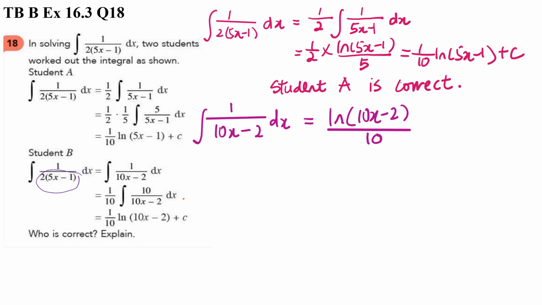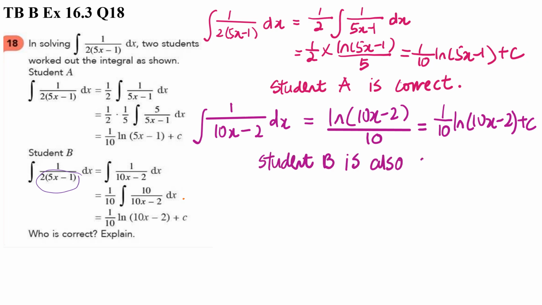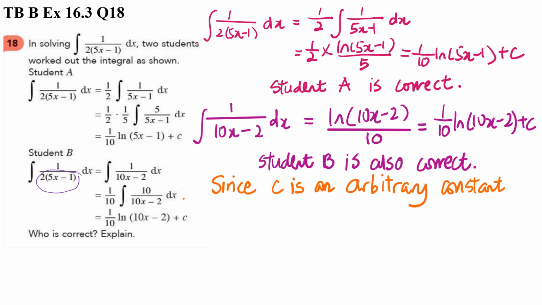Okay, right, and then plus a constant c. So actually, student B is not exactly wrong, but why is it not exactly wrong? Because c is an arbitrary constant, so I can actually simplify student B's answer.